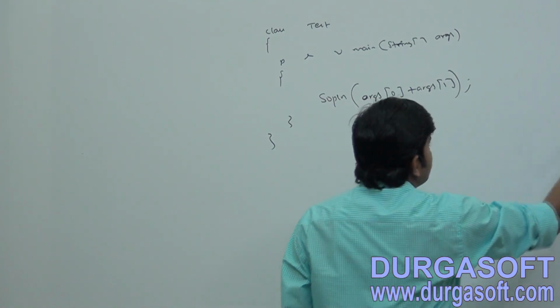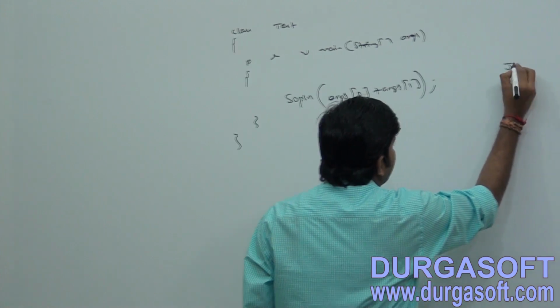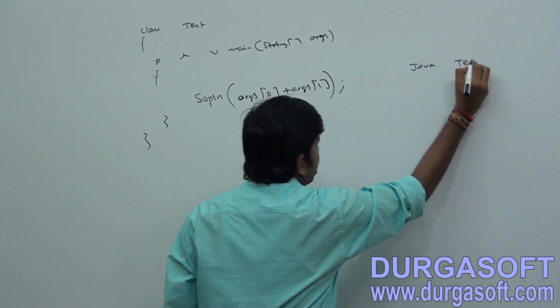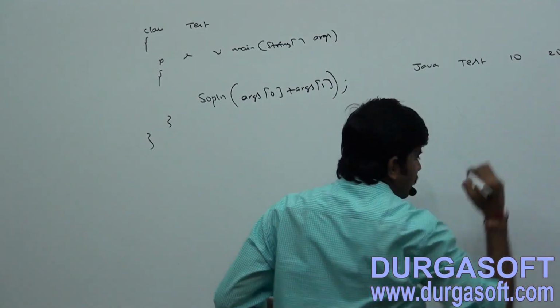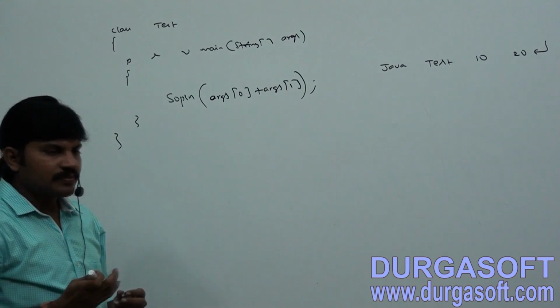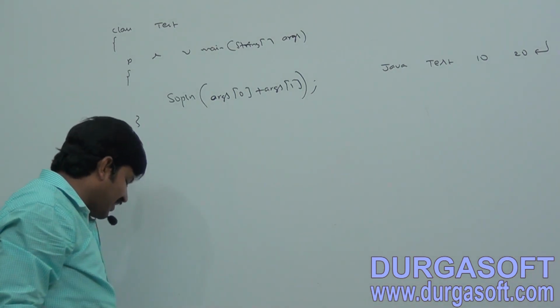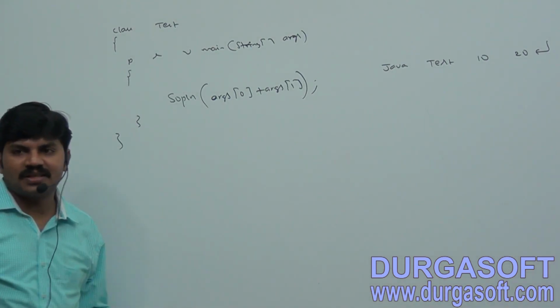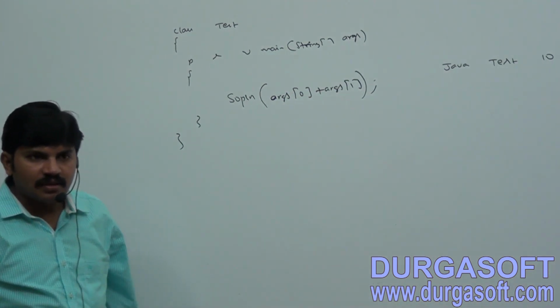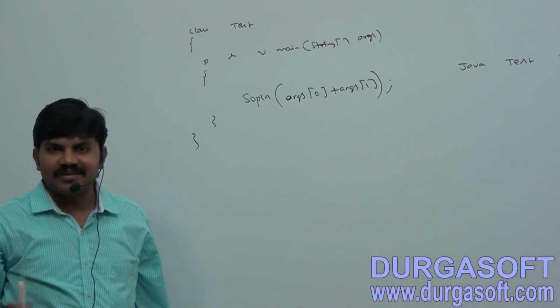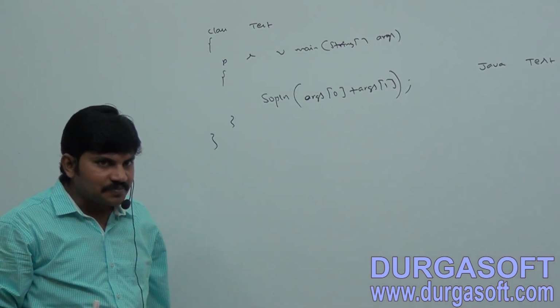Now the target is, if I take Java test 10 20, can you tell what the answer is? Args of 0 plus args of 1, 10 plus 20: 30 or 10 20?